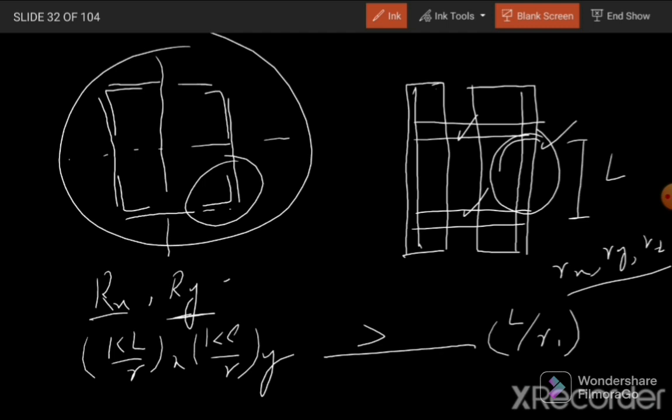This is because if the slenderness ratio of this individual member is greater than the overall slenderness ratio of the member, this portion of the member will buckle before the overall buckling of the member. So we need to ensure that the overall section buckles, but the local part of the section should not buckle.